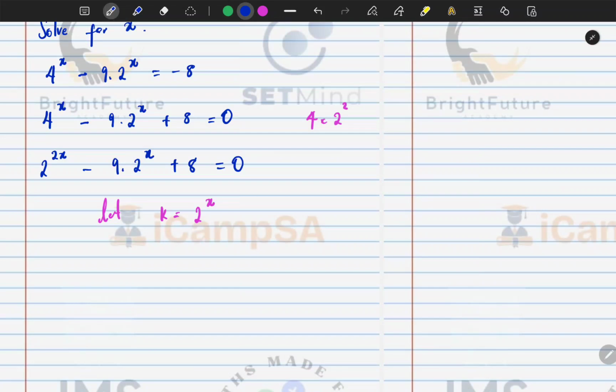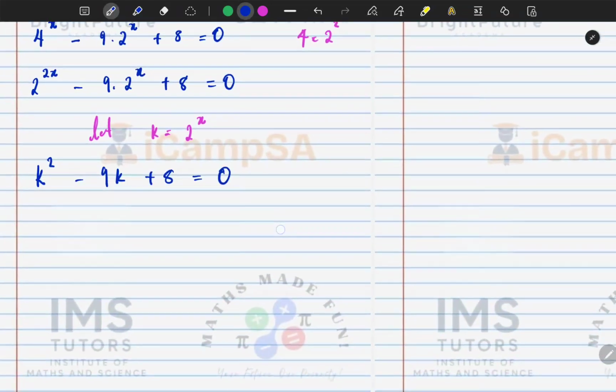So you let k be equal to 2^x. That means you are going to have k squared minus 9k plus 8, which is equal to 0, right?